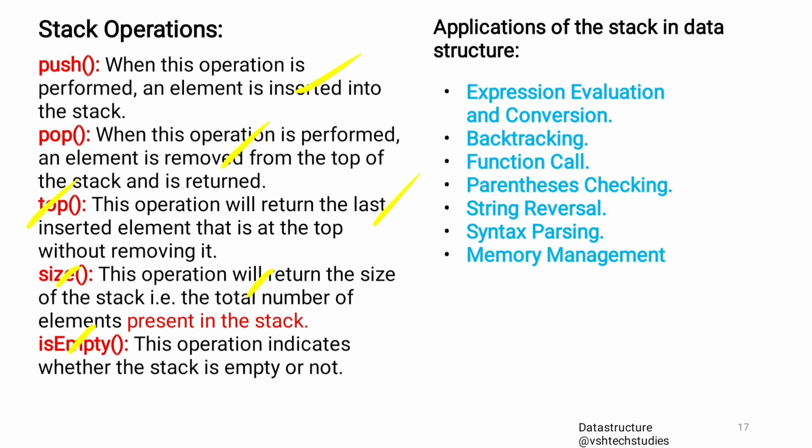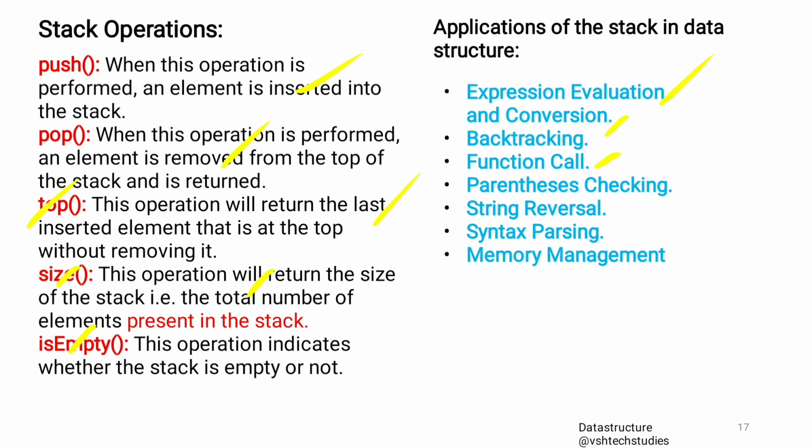So what are the applications of stack in data? They are used in expression evaluation and conversion, backtracking, function call. Function call means when a program is being executed, another subprogram is called which can do a subtask. After doing that, it has to return back to the main program.